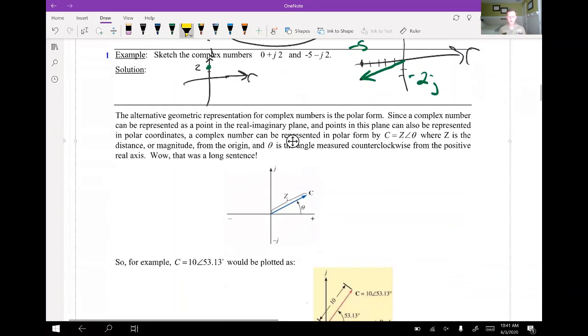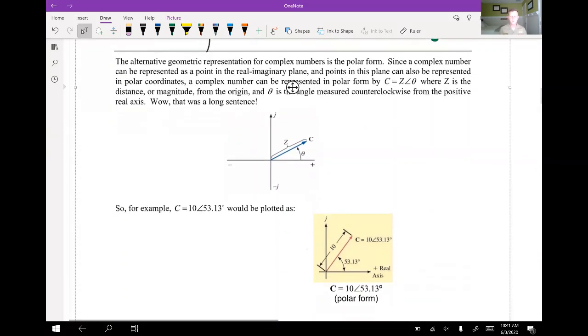All right, the other way that we could write this is that we could use the polar form. Polar form right here. Right, and so it's the same arrow that we were doing if I had a X and Y axis, the real and imaginary, right? That same arrow can be represented as a length or a magnitude and an angle relative to the real axis.